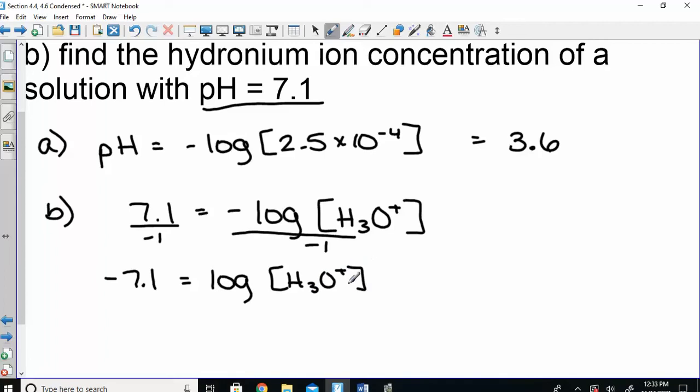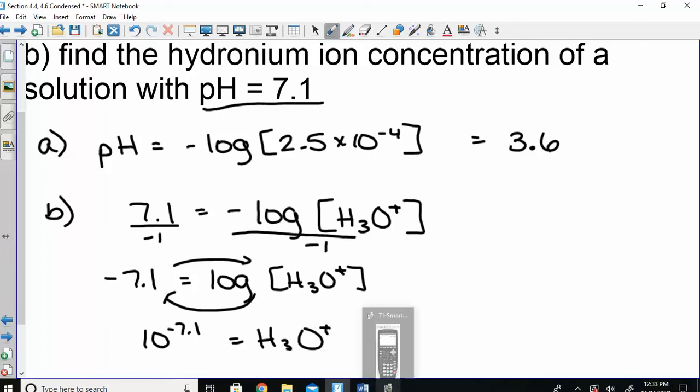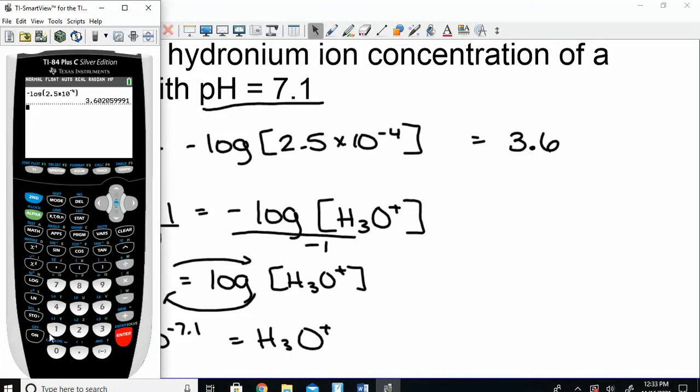H3O+. Then what would we have to do to get that by itself? Since there's only a log on one side, we go to exponential form. So 10 to the negative 7.1 is equal to that. If we type that in, you are not going to get a pretty answer on these.